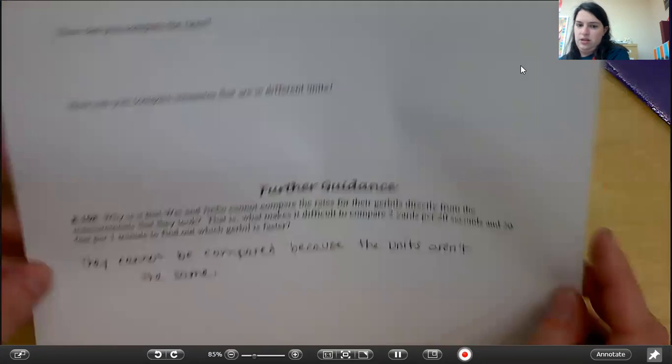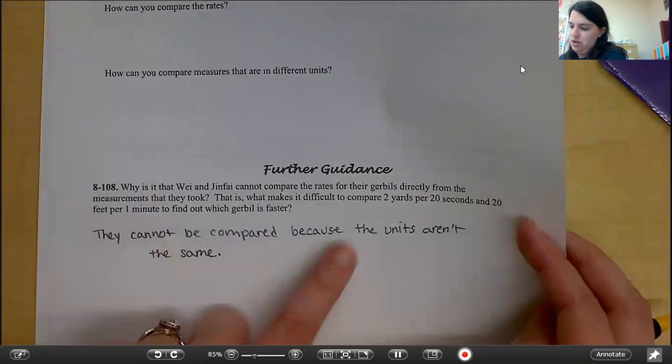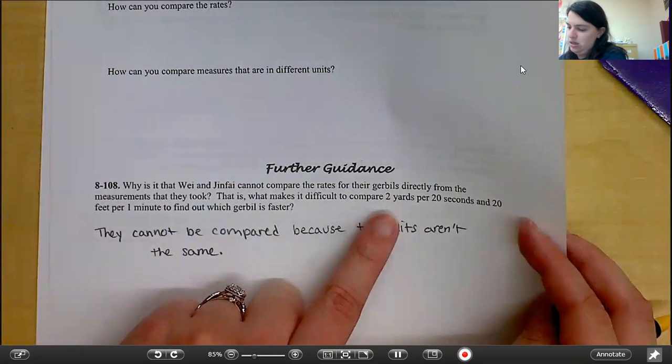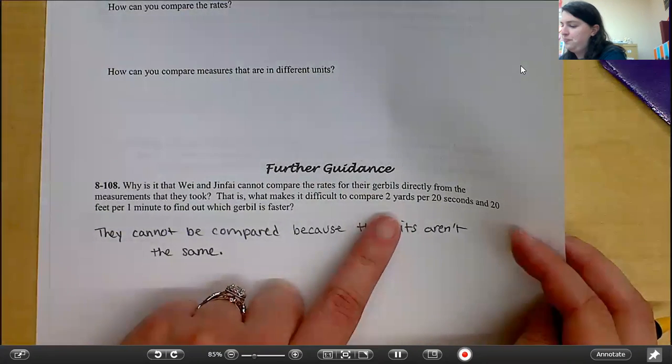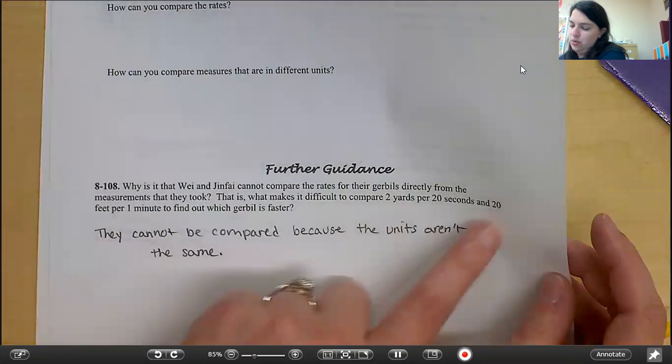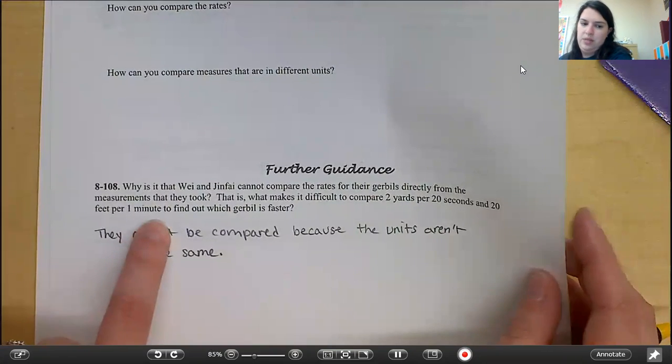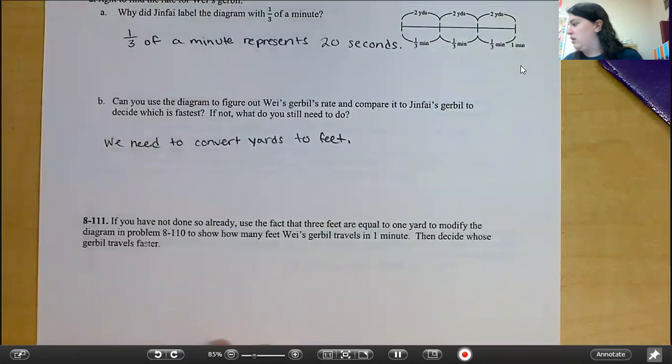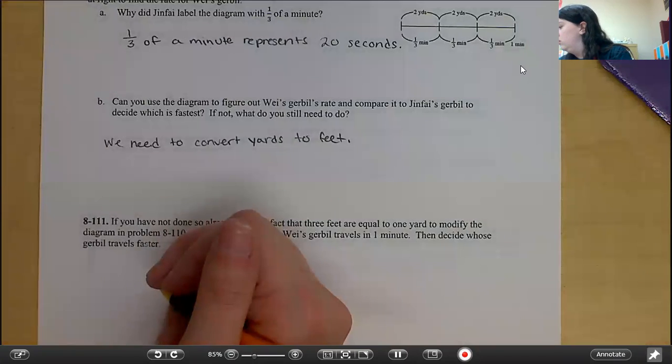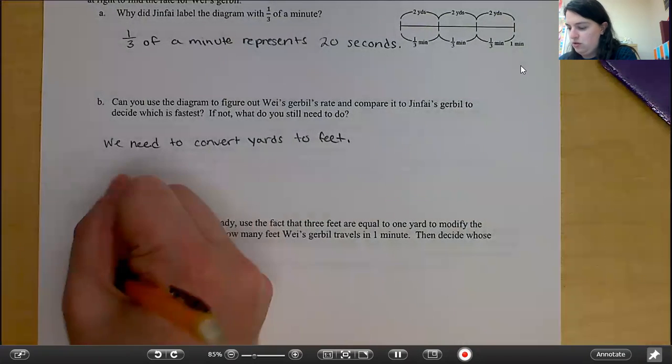So we know that we already have one gerbil measured: 20 feet per 1 minute, so 20 feet per 60 seconds for Jinfei's.